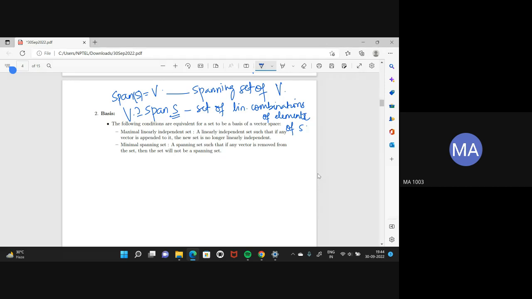If it is a spanning set, you are trying to generate the space with that set. So what is a basis? It is nothing but a linearly independent set which is also a spanning set. That is, you don't want any unnecessary information, but you want the required amount of information to generate the space.